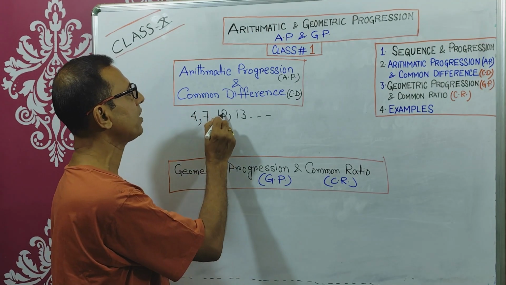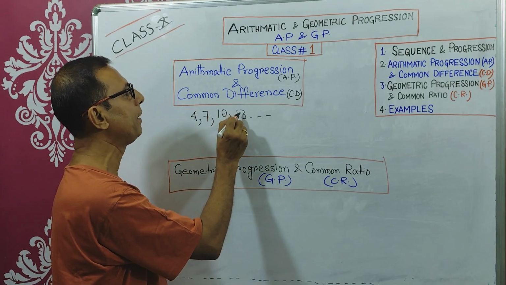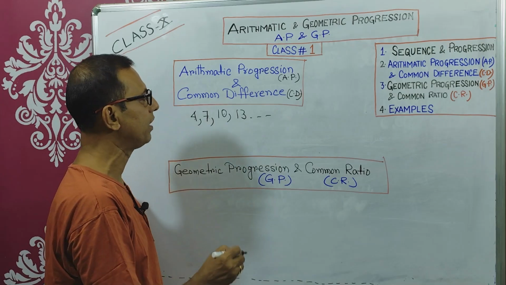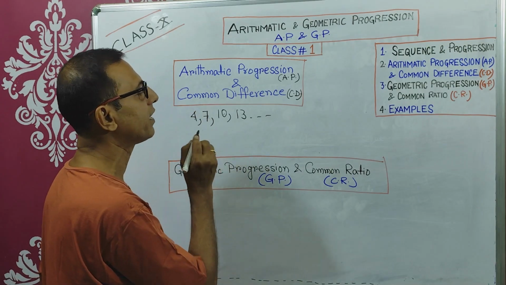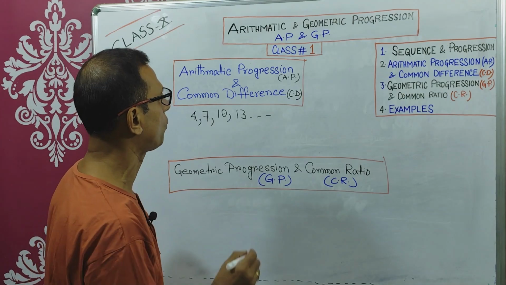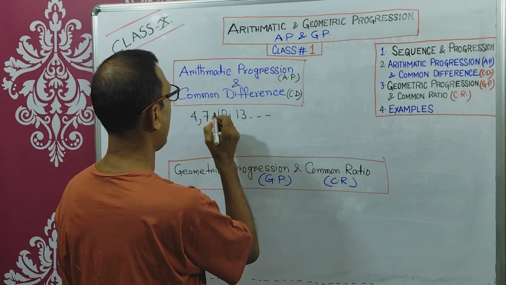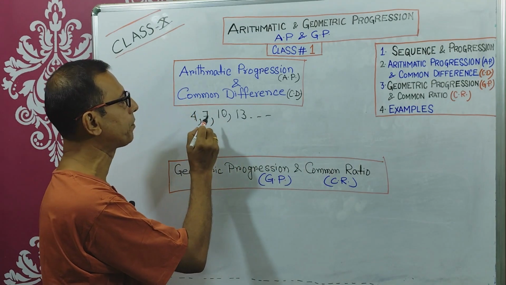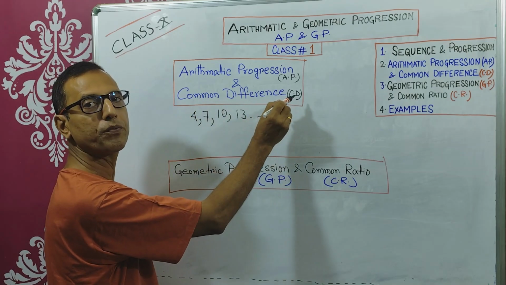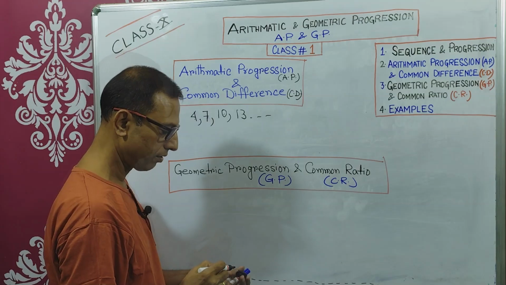The difference between the third and second term is 10 minus 7, 3, and between 13 and 10 it is also 3. So this is called arithmetic progression, where the common difference is equal. The difference common between every two consecutive terms is called the common difference, or in short form, CD.